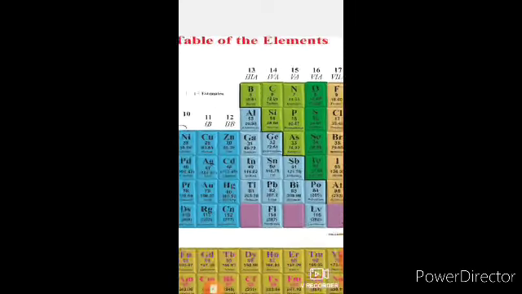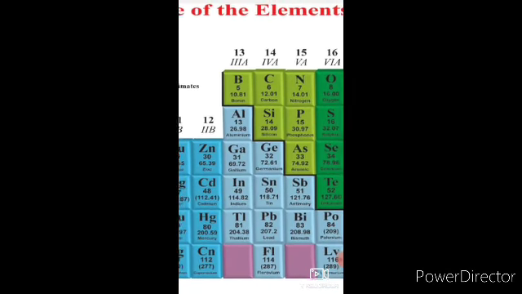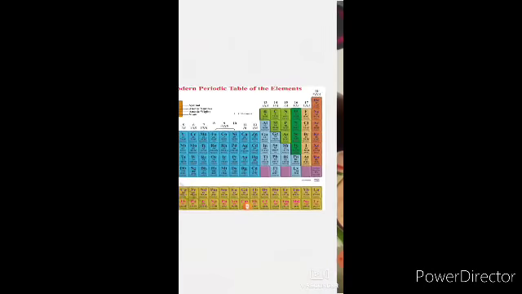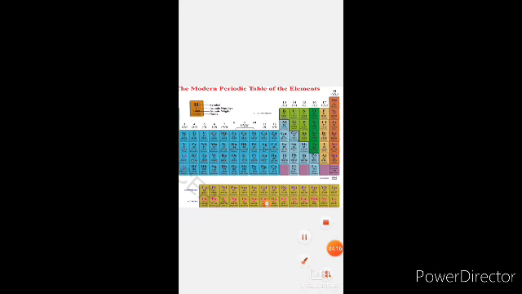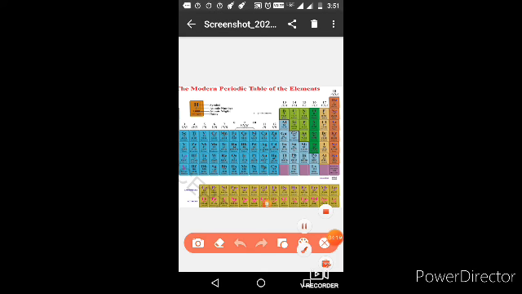Suppose in CO2, carbon atomic weight 12 plus how many oxygens are there? 2 oxygens. 1 oxygen atom weight is 16, as I said in previous classes.